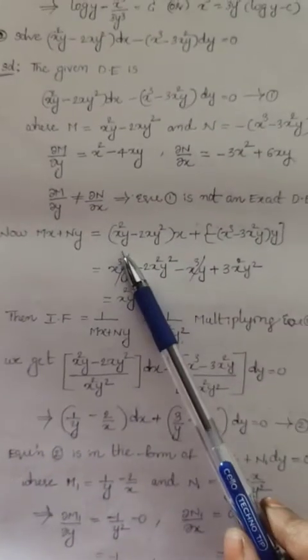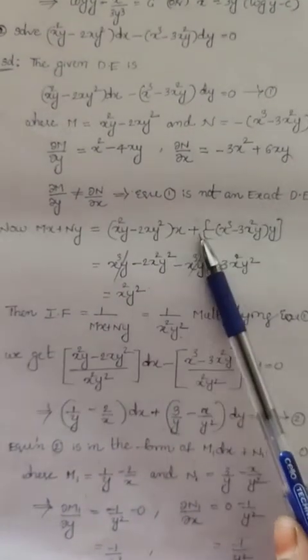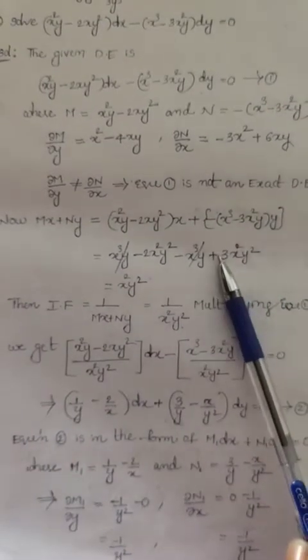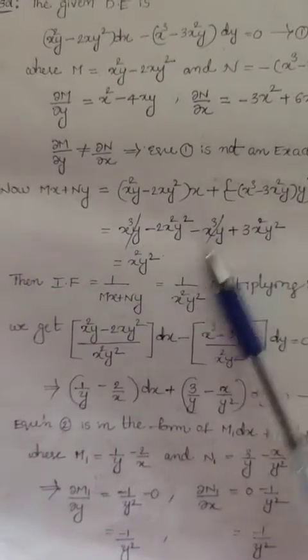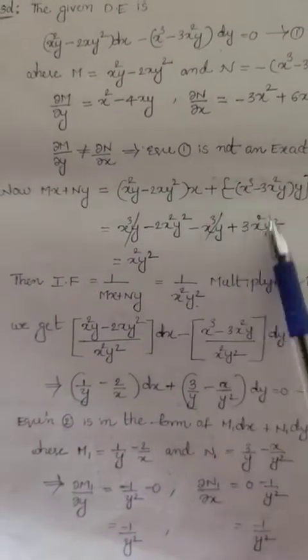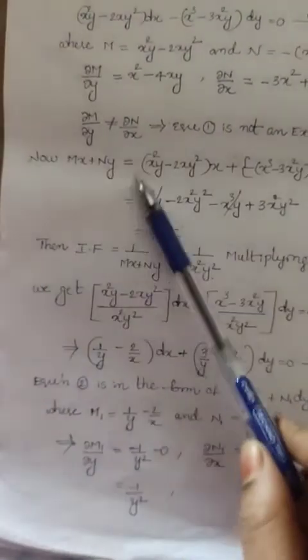That is x³y − 2x²y² − x³y + 3x²y². Here x³y − x³y gets cancelled, remaining 3x²y² − 2x²y², which is x²y². This is the value of Mx + Ny.